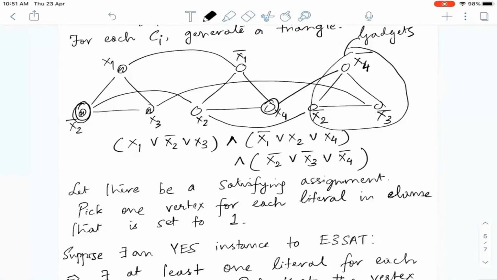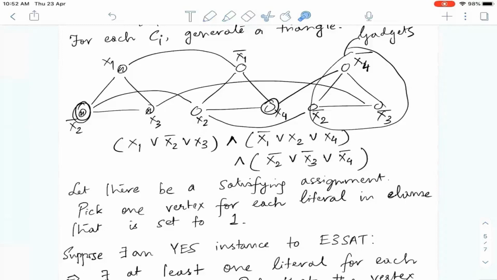So if I'm given that the independent set is of size at least k, it has to be of size exactly k. It cannot be more. Moreover, I know that I could not have picked two vertices in the independent set which conflict with each other, because then it won't be an independent set.